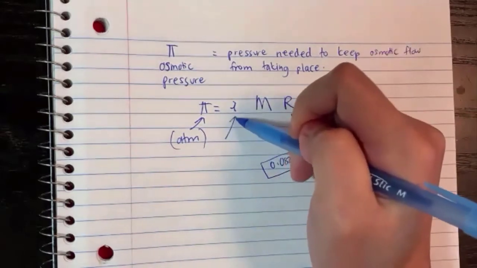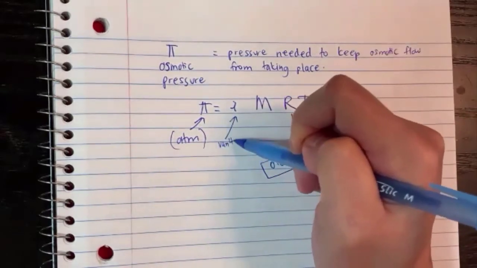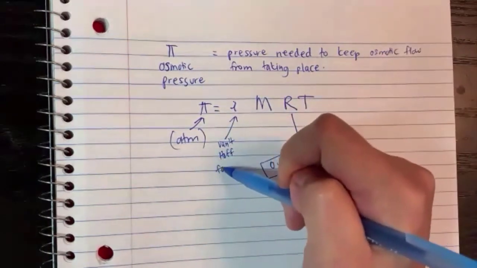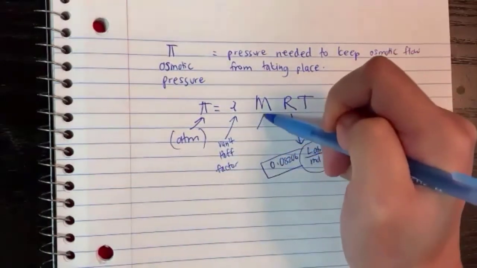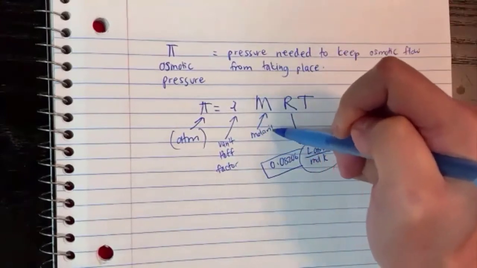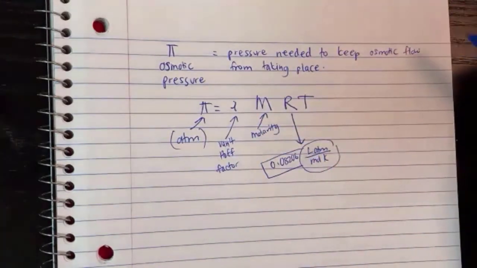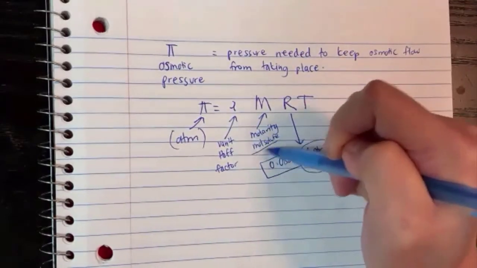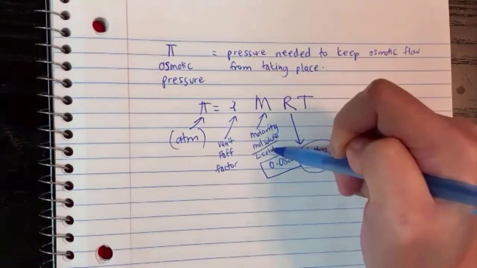i here is the van 't Hoff factor. If it's ionic, it's how many times it splits into ions. M here, notice this is capital M now. This is molarity, not molality anymore. So it's moles of solute over liters of solution.